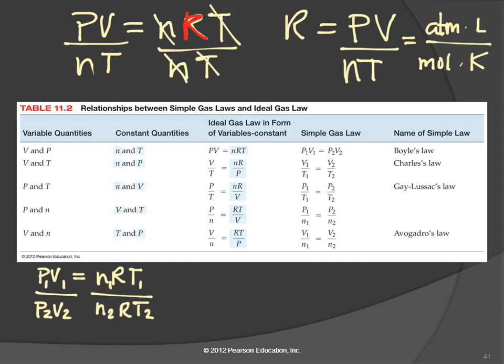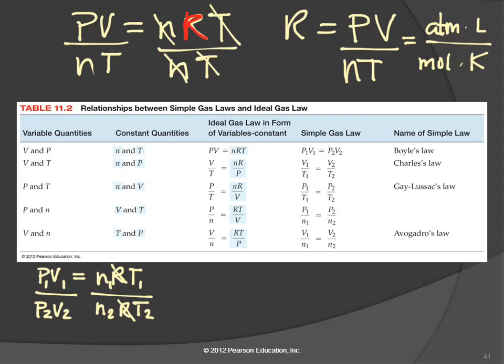Well, what's R over R? That cancels out, right? So here you have all of them related to each other. So PV equals nRT, put subscripts on it, divide it by PV equals nRT, put a different set of subscripts on it, and now look at your problem and just cross off anything that's not changing.